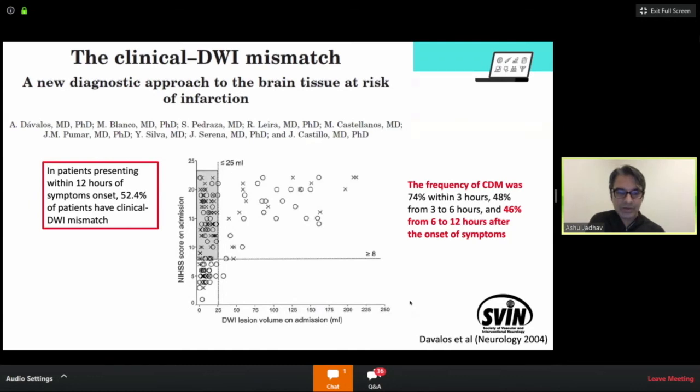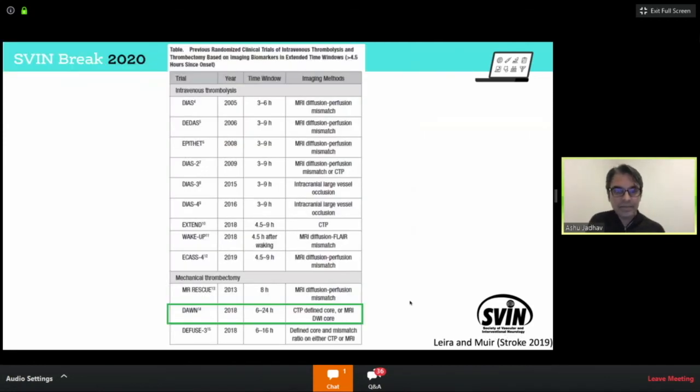So you can see in this graph, they graph NIHSS versus DWI, and they see that just a little bit, almost above 50% have this mismatch. And this mismatch is very high early on, so 74% within 3 hours. But interestingly, if you go to 6 to 12 hours, 46% of the patients have a clinical DWI mismatch. So just clinical exam can tell us a lot in this patient population.